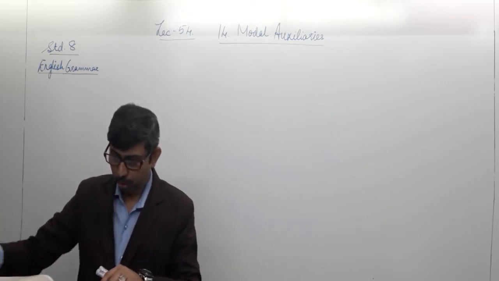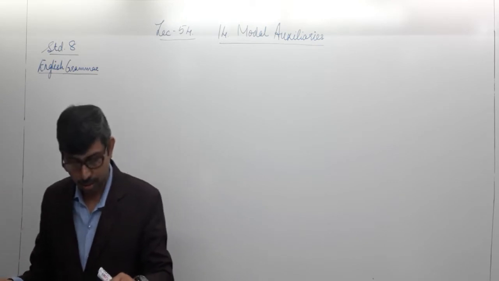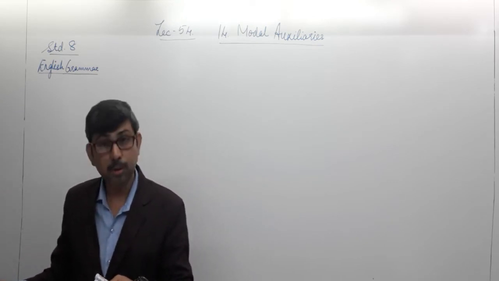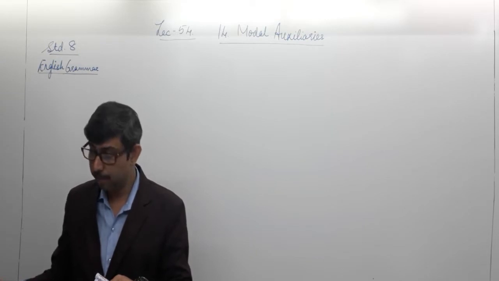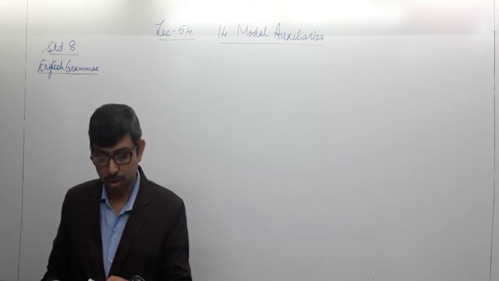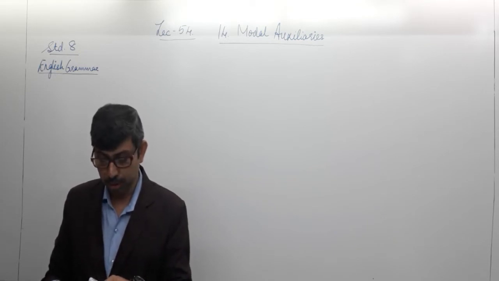To recapitulate, in the You Know section, we understood the modal auxiliary words shall and will and their different uses. In the Let's Learn section we learned about should and would.